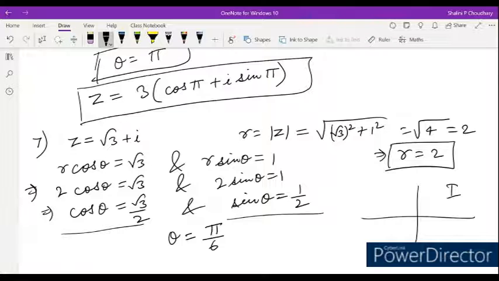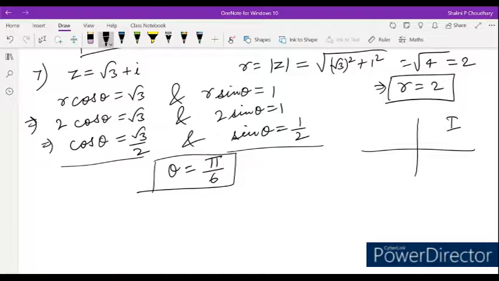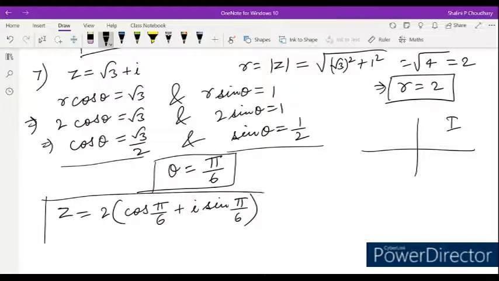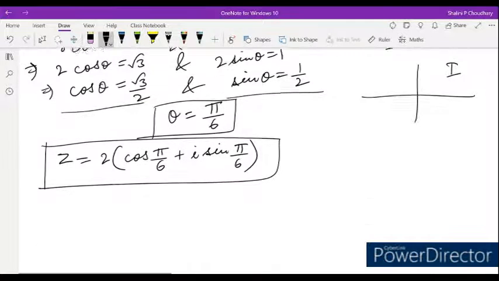Okay, so theta will be equal to pi upon 6. So now we can write it in the polar form. z will be equal to r, that is equal to 2 cos pi upon 6 plus i sin pi upon 6. Okay, so this way we can write it in polar form.